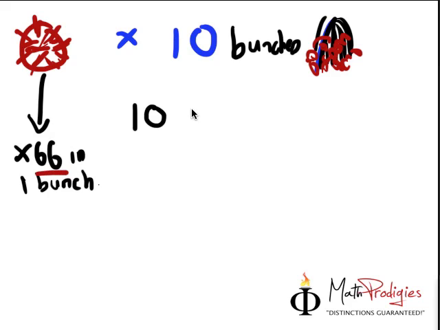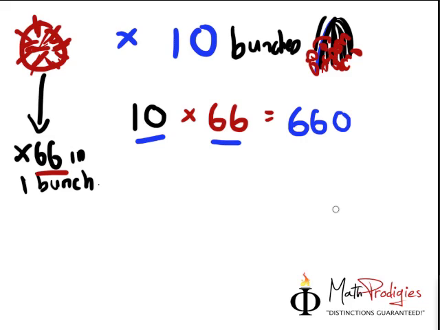So 10 times 66 will give us how many rambutans there are in total. Whenever you multiply any number, be it 66, 186, or whatever it is, by 10, you just take the 0 and put it behind the number. So we take 66, put the 0 behind, and that's what we get. So 660.